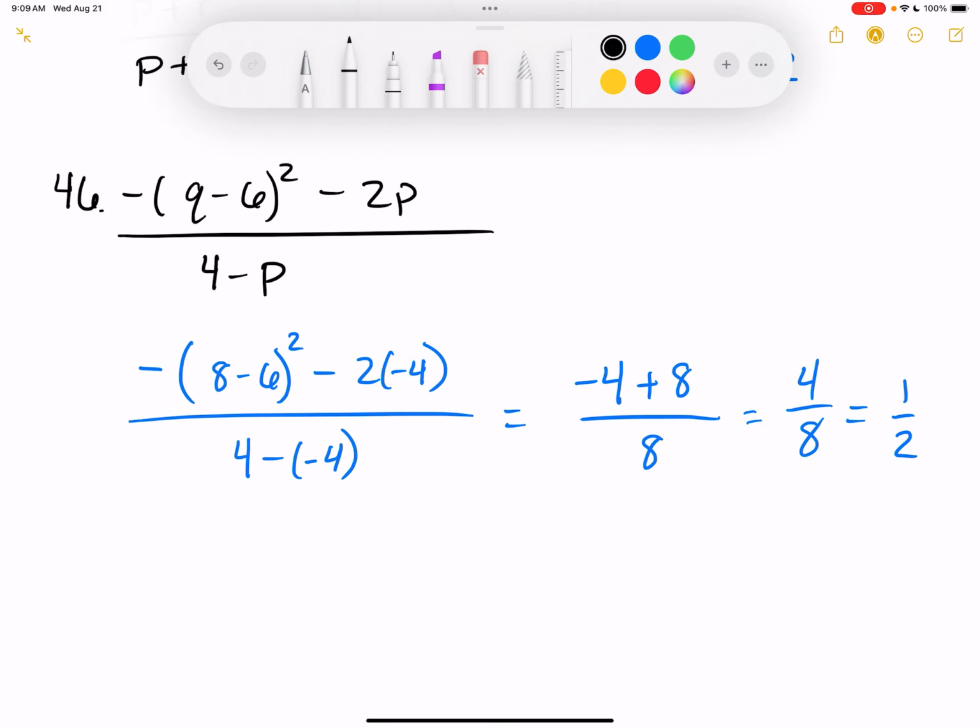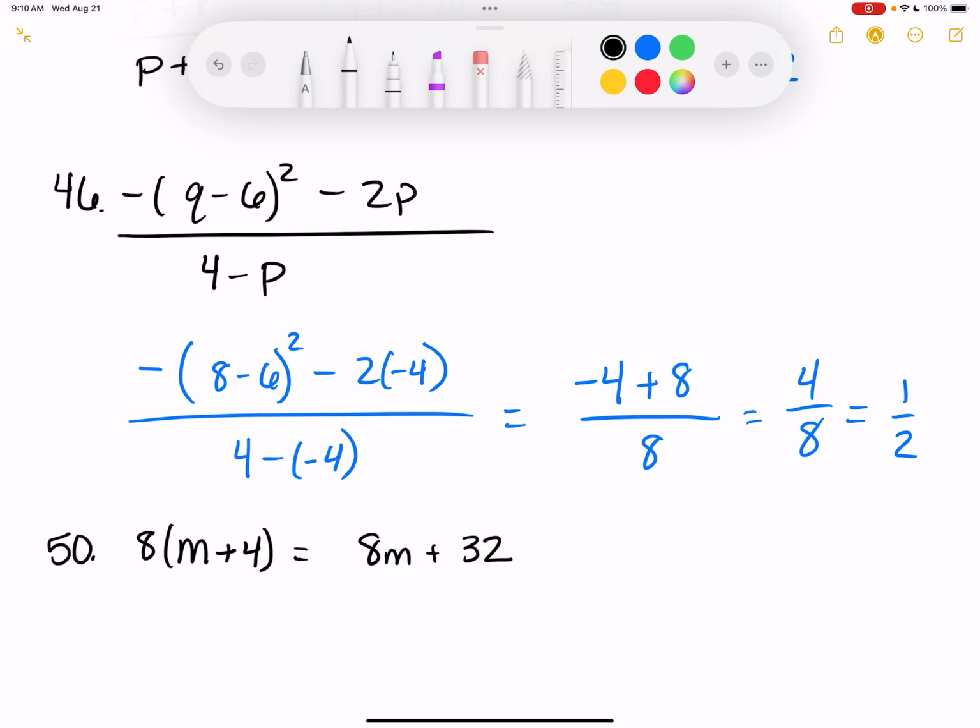All right, then the next one says to identify the property illustrated in each statement. Assume all variables represent real numbers. So 50, we have 8 times (m plus 4) is equal to 8m plus 32.